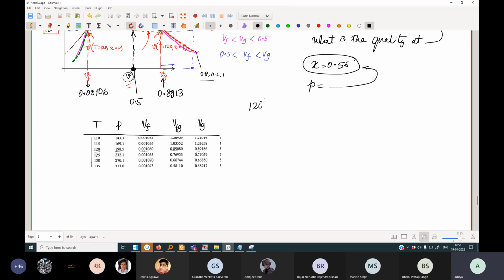We are bothered with 120 degrees Celsius. So we want to know the point where T is 120 degrees Celsius and the specific volume is 0.5 meter cube per kg. All right.